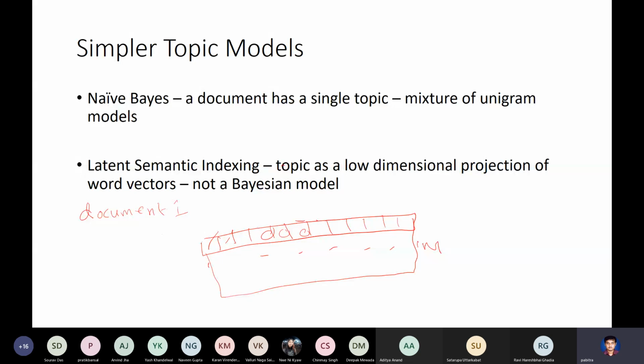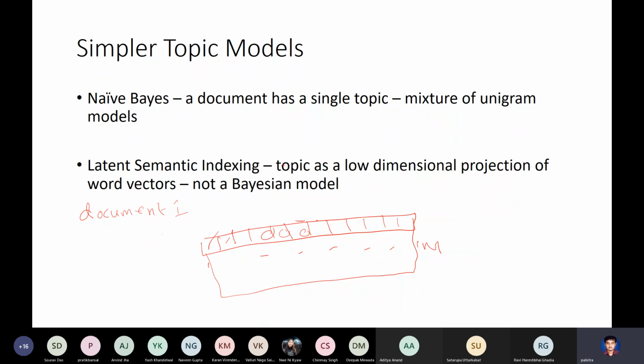So based on this, it can be shown this is equivalent to projecting this big vector into a lower dimensional vector, where some of the components of the original vector are clubbed together if they're synonymous. That's why you have a lower dimensional projection. And this can be done by finding out the eigenvectors of this term document matrix, this is called a term document matrix, into its transpose. You can find these lower dimensional projections where every dimension now does not represent physical words, they represent concepts or topics.